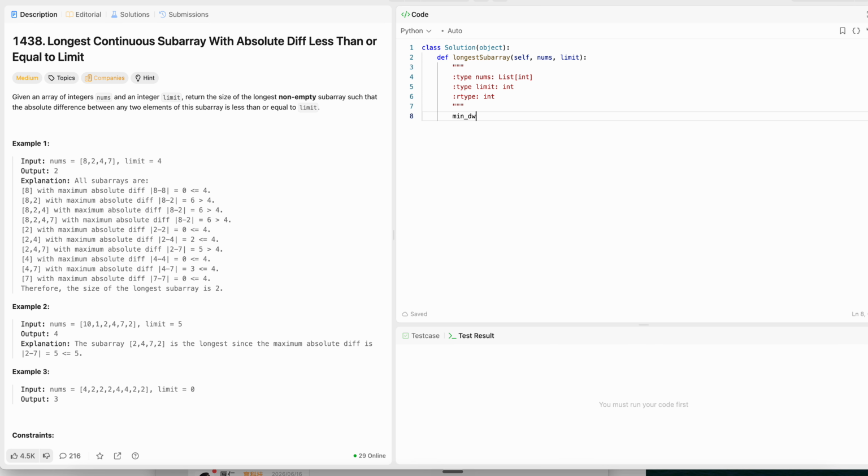So the min deque, this is the minimum deque. We got the maximum deque. Okay. Got this, and we initialize the pointer. Start the sliding window algorithm.